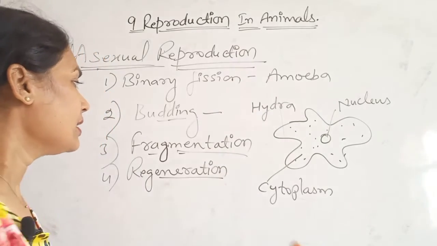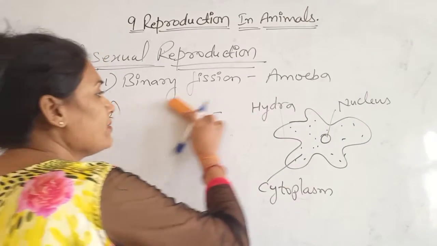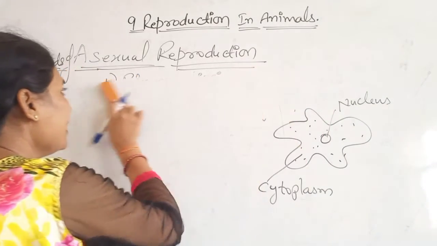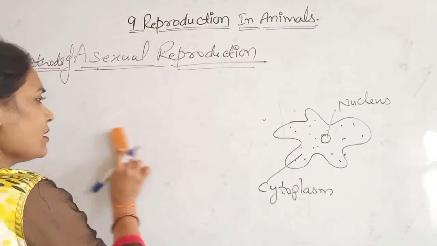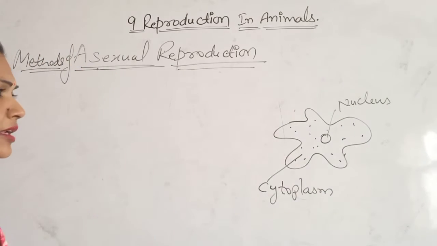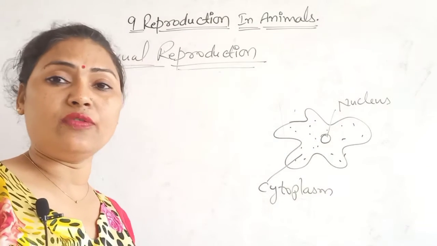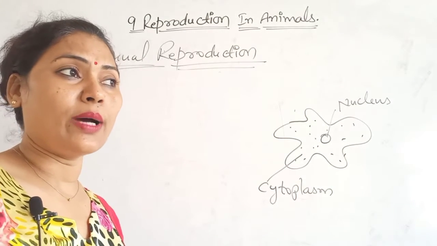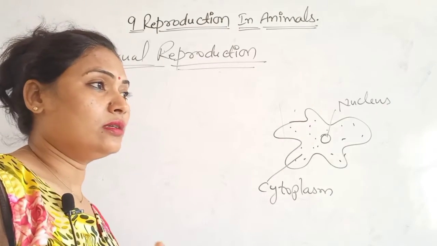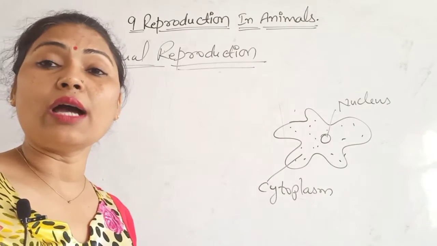First of all, the nucleus is divided. Okay. So division of the nucleus is taking place, that is known as karyokinesis, the process in which the nucleus is divided first, and that is followed by the division of the cytoplasm, which is known as cytokinesis.